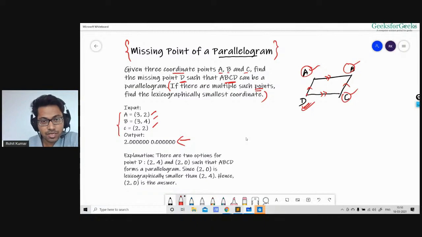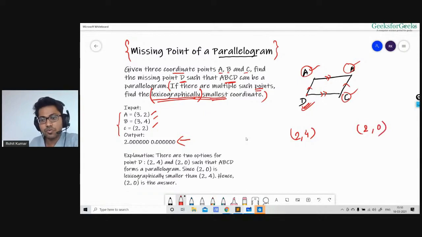Let's first try to understand what we mean by lexicographically smallest. Let's assume that there are multiple points. I'll prove mathematically how there could be multiple points, but let's first assume there are multiple points and we need to choose the lexicographically smallest. Suppose you have a point 2 comma 4, and there is one more point 2 comma 0.